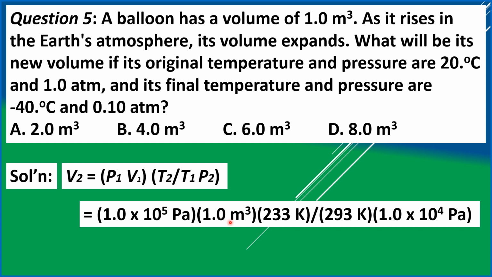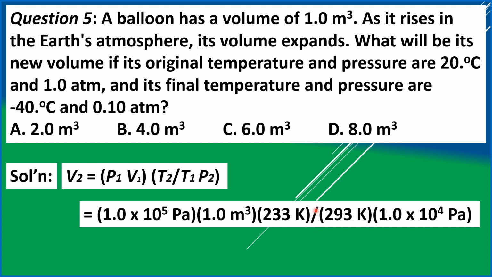So we multiply that by the volume V1, which is 1.0 meter cube, and multiply that also by the final temperature, which is actually negative 40 degrees Celsius, but when converted to Kelvin, its equivalent is 233 Kelvin.